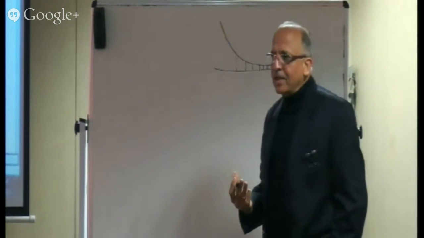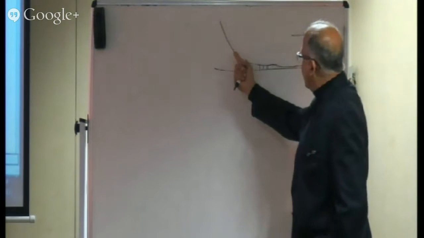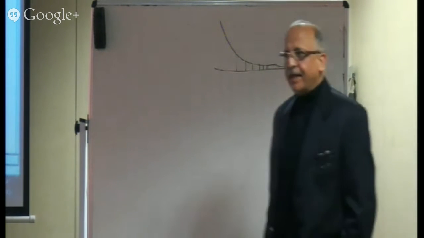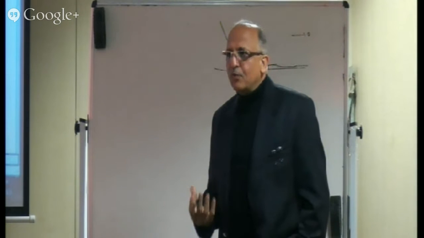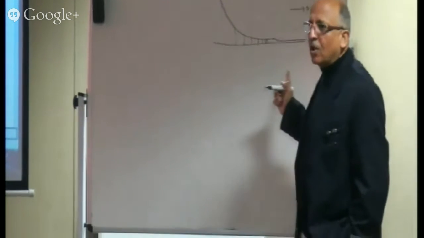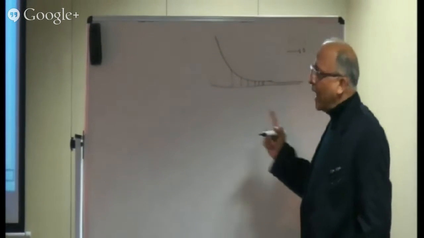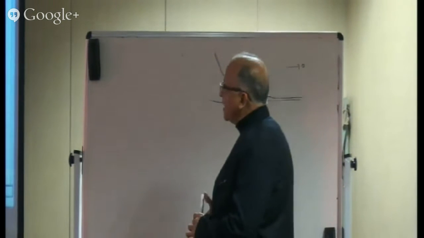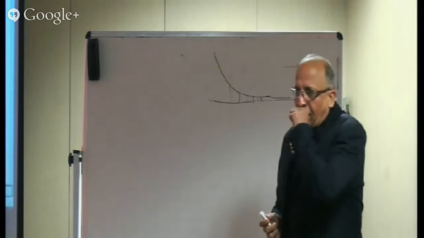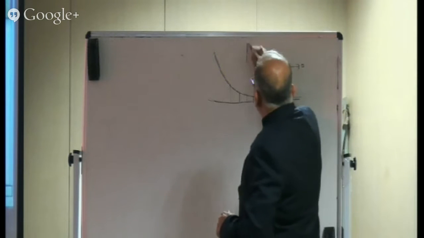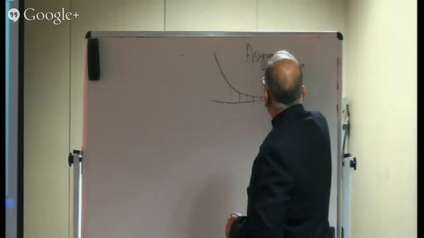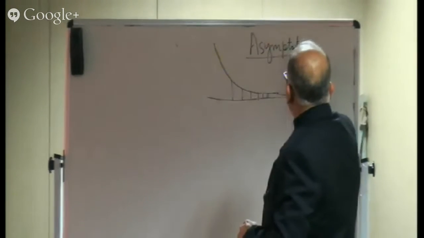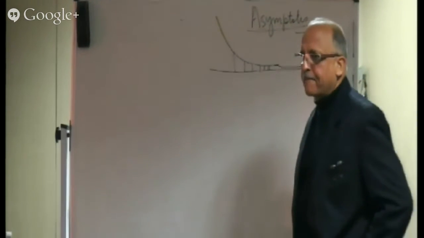In a layman's language, we can say that this particular curve touches this particular line at infinity, or we say it becomes very close to it. Such a line is always called an asymptote. So hyperbola has got two asymptotes. There are two lines which have been represented here by green line. Let me spell it: asymptotes. Is that okay?